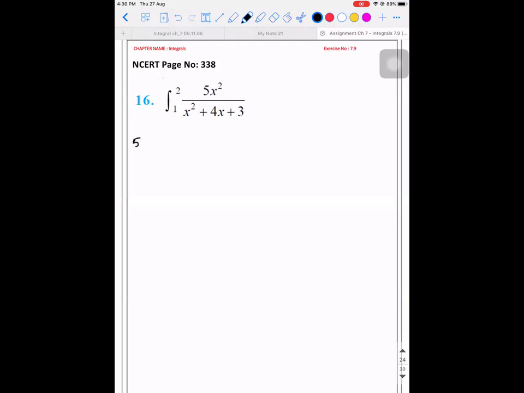So can I write this as 5 into integral of 1 to 2, you have to write it as x square plus 4x plus 3. How much should I subtract?